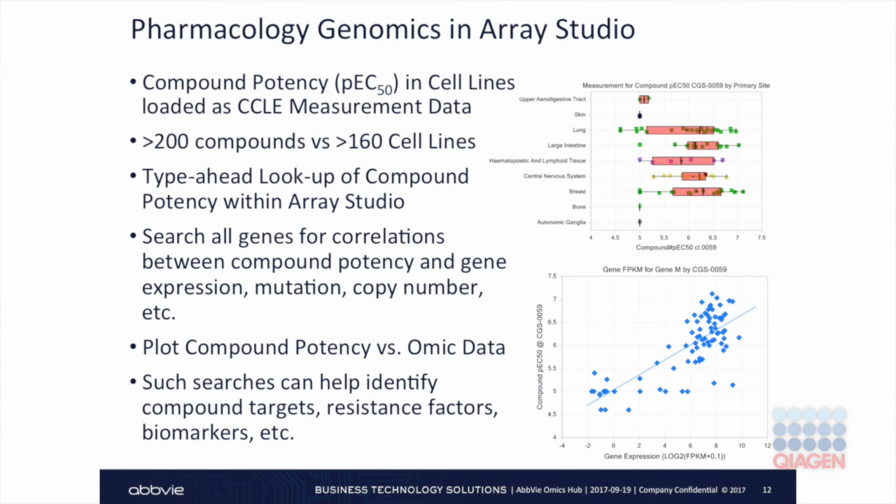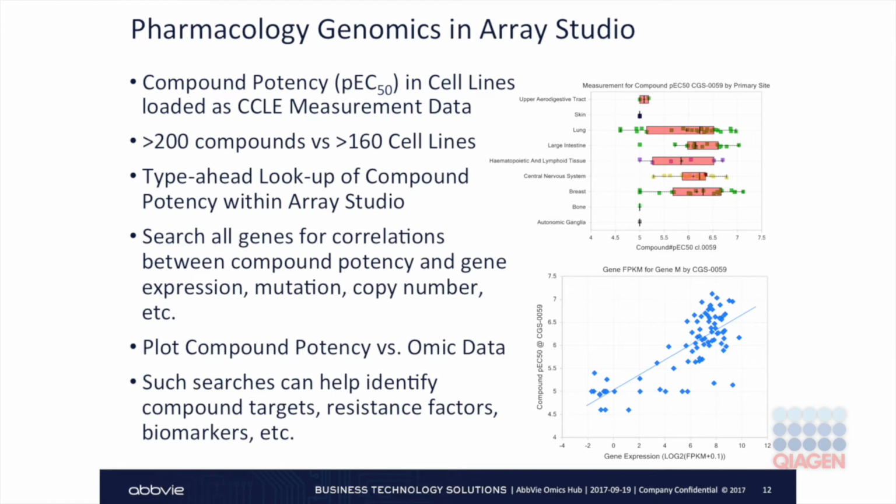And you can use the analytics tools to search for genes with correlations between the compound potency and mutations or copy number. And so then you can plot, in this case, potency versus gene expression, and very quickly say, yeah, this might be the target, right? Or an anti-target, a resistance factor, right?